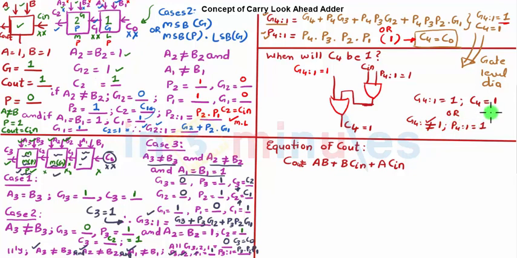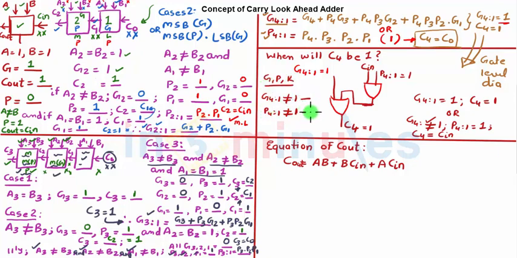And if P4 to 1 is equal to 1, then my C4 is equal to Cin. What will happen if G4 to 1 is also not equal to 1 and P4 to 1 is also not equal to 1? You remember we studied 3 signals G, P, K, and they were all mutually exclusive.